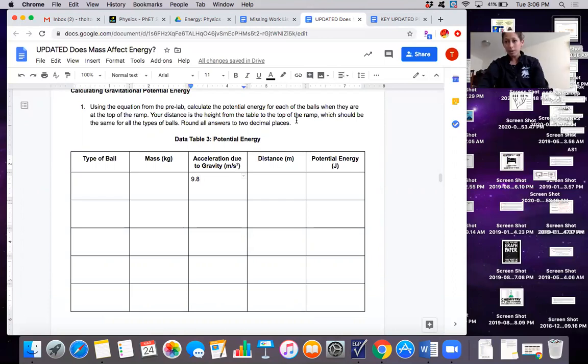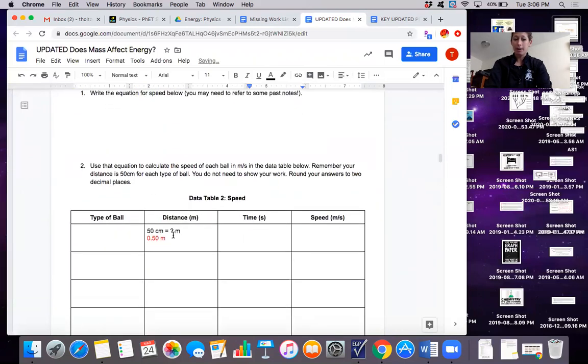Now each ball was the same distance above the ground, so it should always be the same. However, once again, we don't want this in centimeters. We want this in meters. So just like I converted last time, how do I convert this 35 centimeters into meters? Think about how we did it right here.